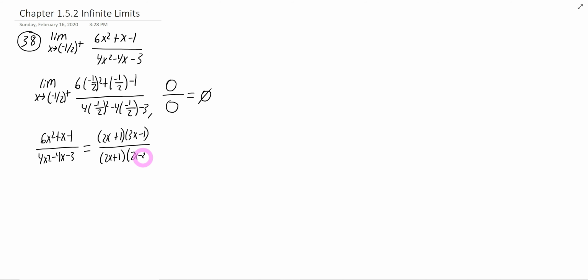And this, as with previously, is very, very good, because look, right here, shared terms, these can just leave us. They're gone. We don't need them anymore. So we're just left with 3x minus 1 over 2x minus 3.